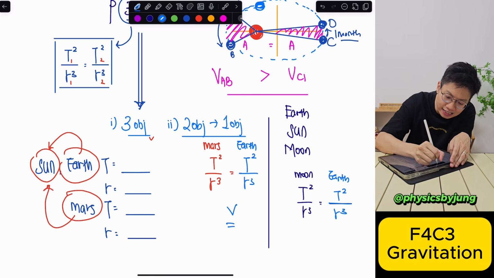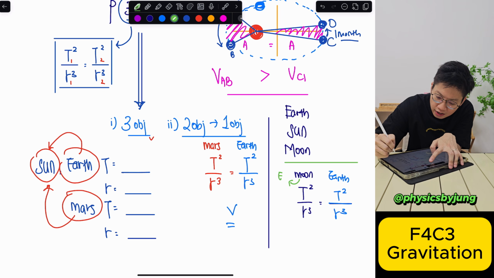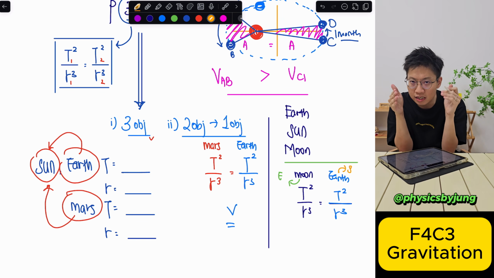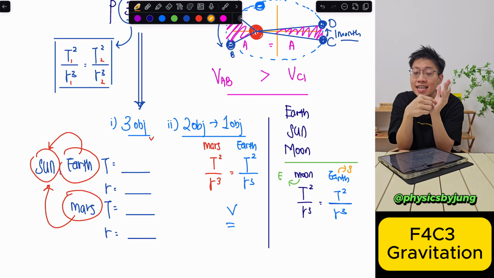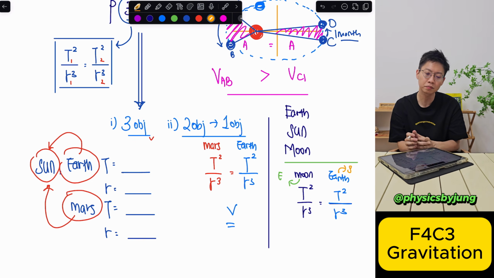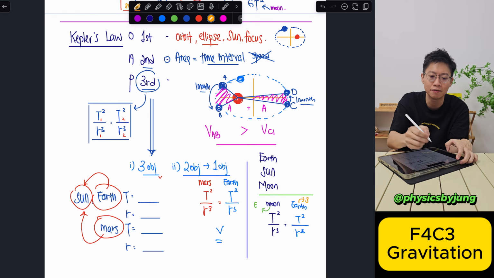The answer is no, you cannot. Because the moon goes around the Earth, but the Earth goes around the sun. If they don't share the same center, Kepler's third law cannot work. So you have to try some questions, then you will understand better.